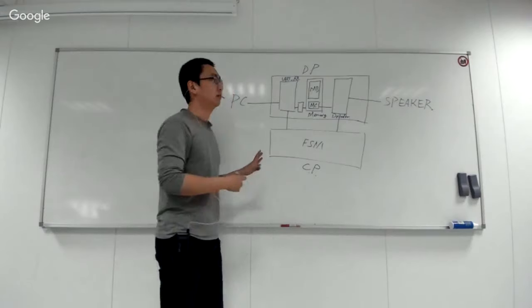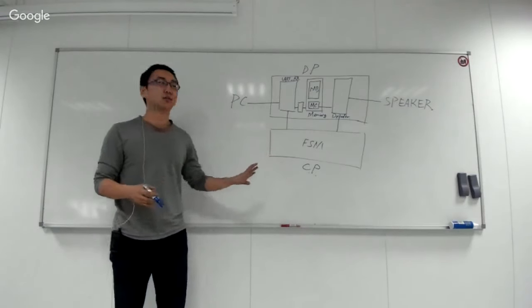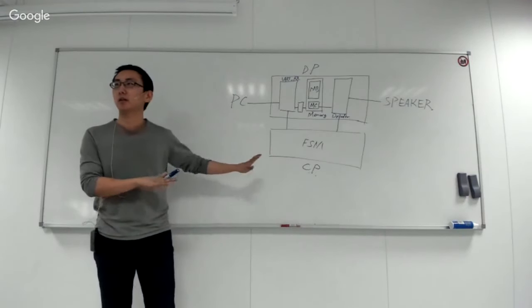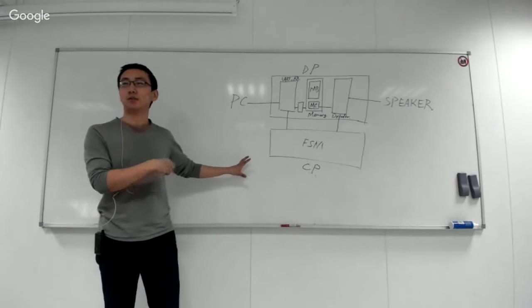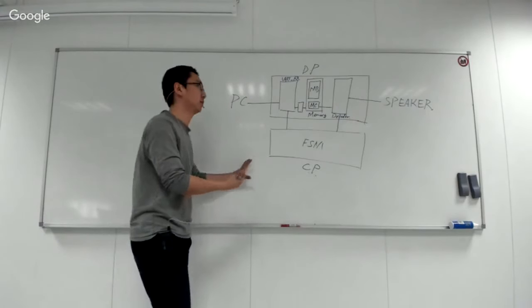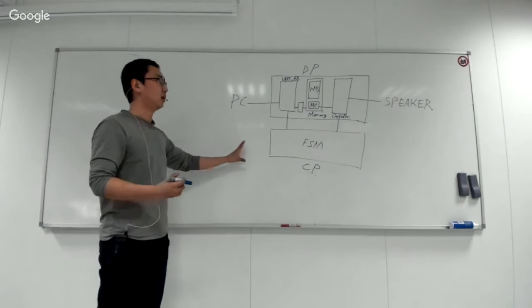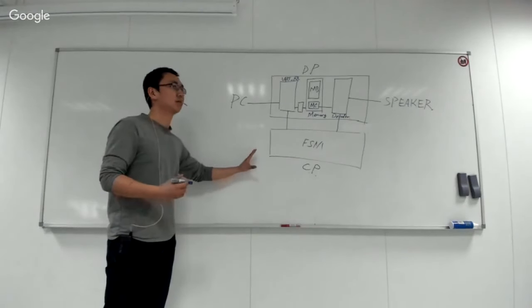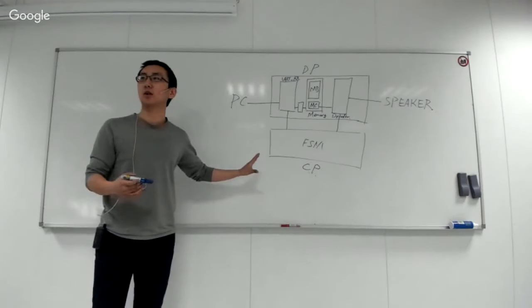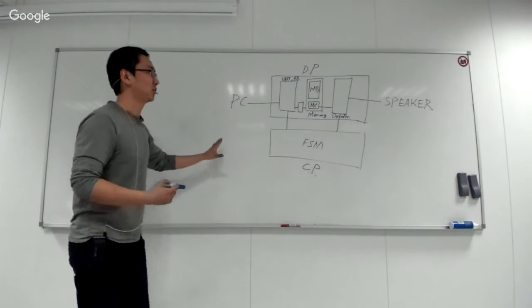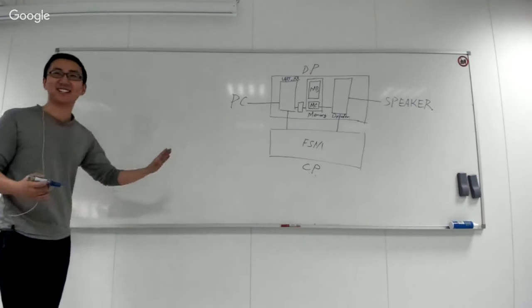So I assume you have seen me drawing somewhat the same diagram several times before. So what I'm going to do now is to use something that we don't like, that is the UML, to address how I'm going to design this.